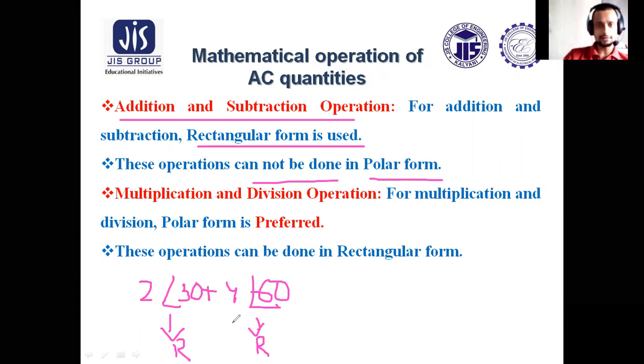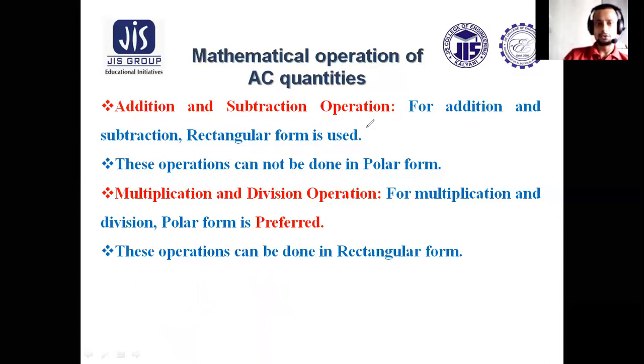That is why the conversion from rectangular to polar and polar to rectangular is needed. We discussed in the last slide how to convert polar to rectangular and vice versa, and now I'm telling you why this conversion is needed. In polar form, addition or subtraction cannot be done. To add or subtract two quantities represented in polar form, we need to convert them into rectangular form. Then we can perform the addition or subtraction operation. Similarly, for multiplication and division, polar form is preferred.